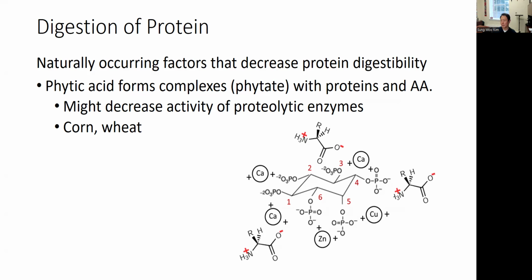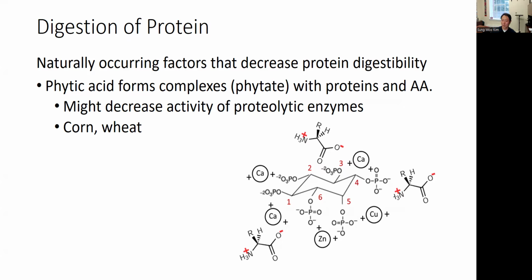So this phytic acid will have 6 phosphoric acids. Thing is, the bond between phosphorus and the carbon through oxygen cannot be digested by the endogenous enzymes that we secrete. So those phosphates attached to inositol would not be available for use by the animal.